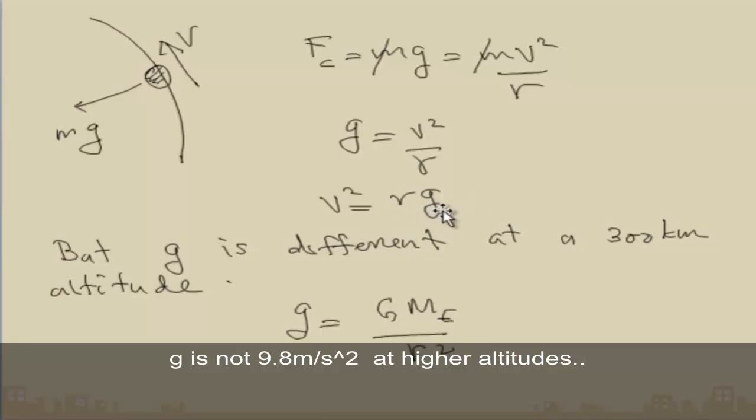So we need to find g, the acceleration due to gravity, at this height. That value is given by Newton's law of universal gravitation. We obtain that equation, g equals capital G Me divided by r squared.